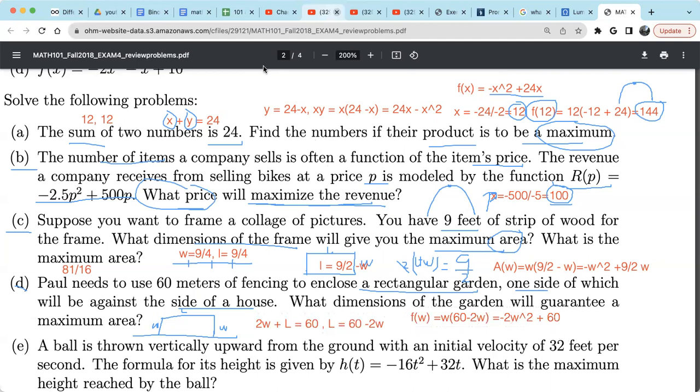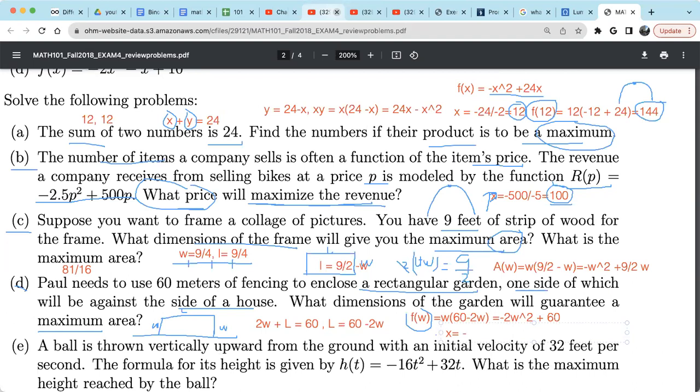So we want to find the maximum area, the maximum function value. What is it? It's the vertex. The vertex has an x value equal to negative b over 2a.